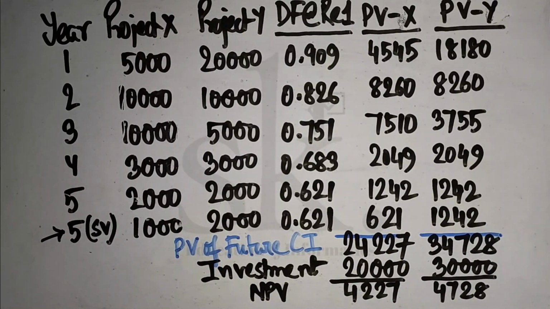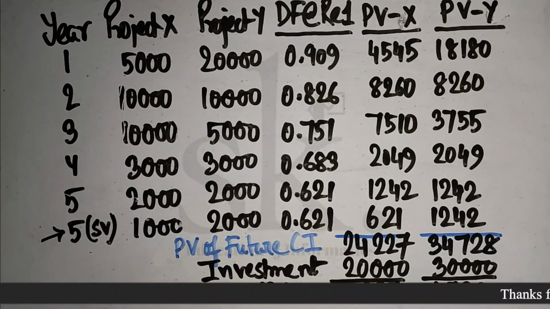Investment will happen in the 0th year, but I can again make an investment after the first year, and again after the second year. If I make an investment after the first and second year, apart from the investment in the 0th year, we also require to discount the investment part. That means the cash outflow which we term as investment, we also require to discount if you are making an investment in year 1, year 2 and so on.